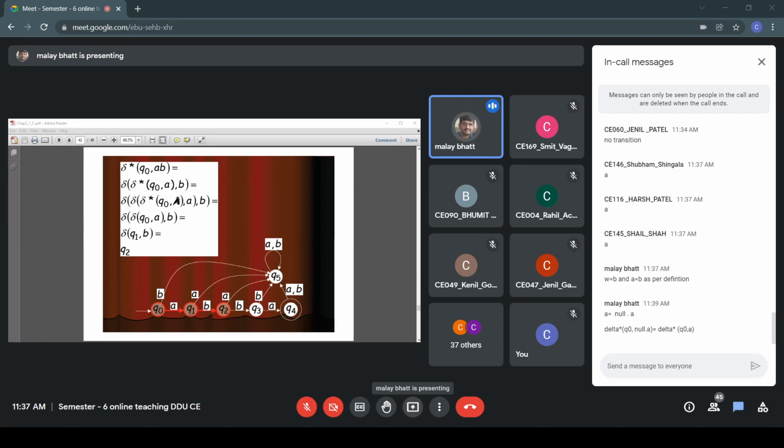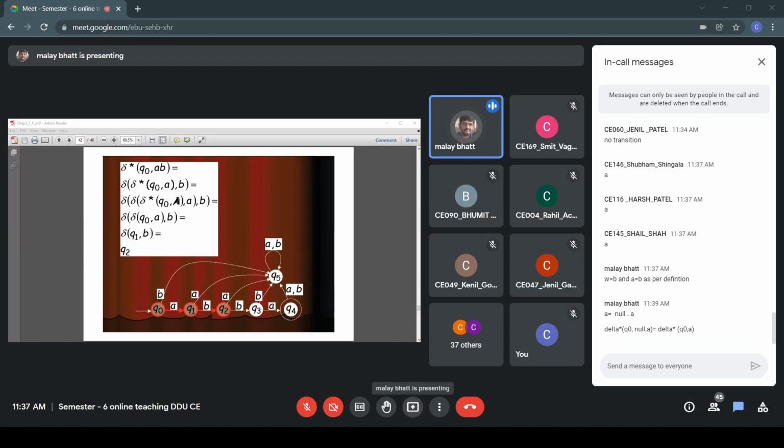So you can see that first we have to apply delta on the input symbol a from the state q0. What is the meaning? We have to apply the delta function on the state q0 with input a. When we apply it, we get the state q1, because delta of q0 comma a will give us q1.